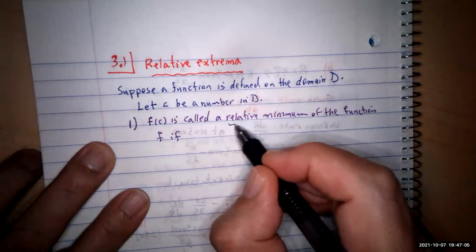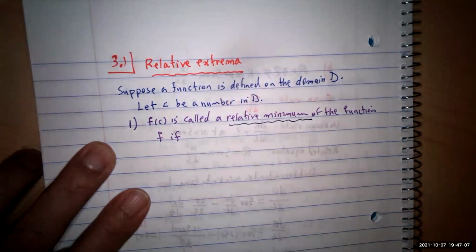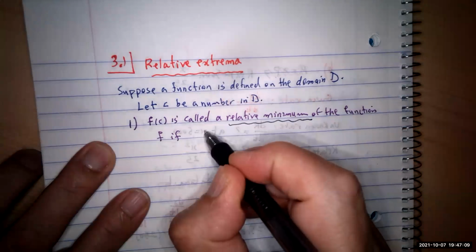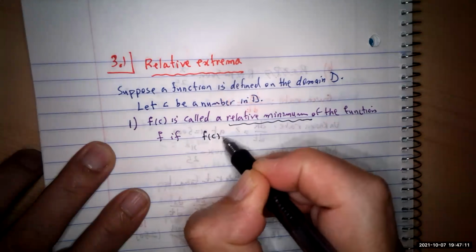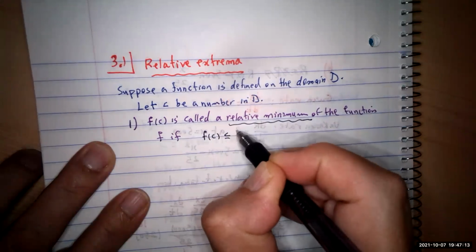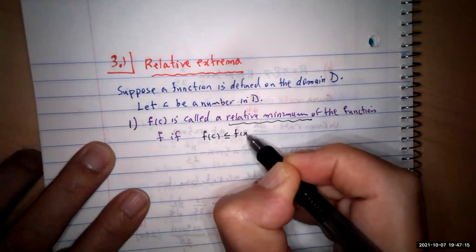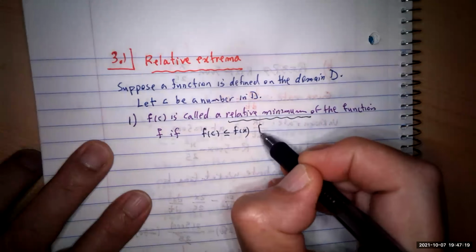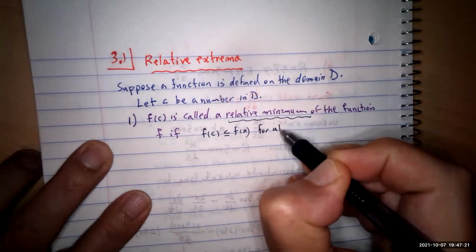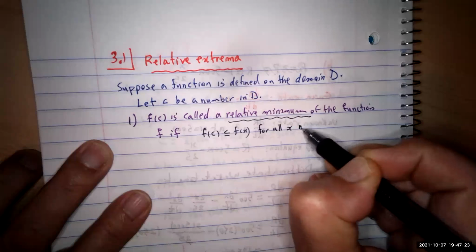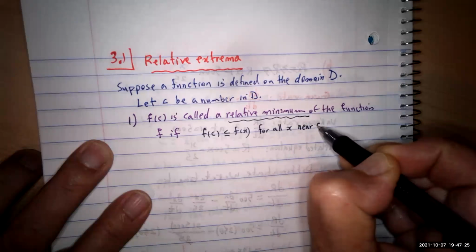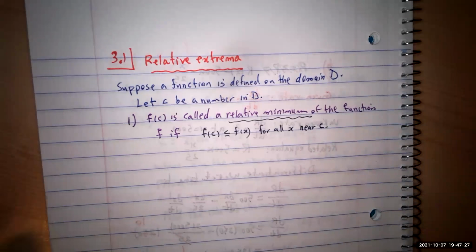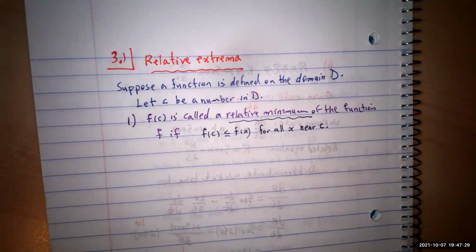So that's a relative minimum if f of c is less than or equal to the value of the function f of x, but in our region only. For all x near c. Near c, near your home. It's like local.